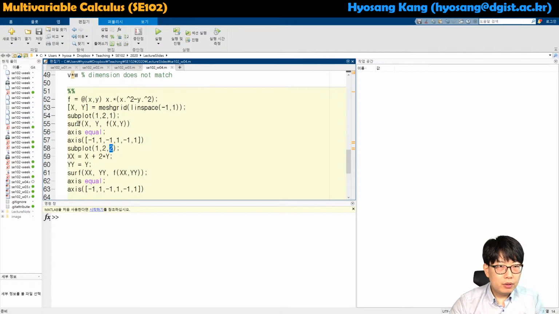The first picture is drawing this graph of the function in the original way. From -1 to 1 for the x and y axes, I'm drawing the monkey saddle. But for the second plot, I'm going to transform my axes x and y to xx and yy in this way. I'm trying to be similar to the form that we used in the proof of the Hessian theorem, and see what happens.